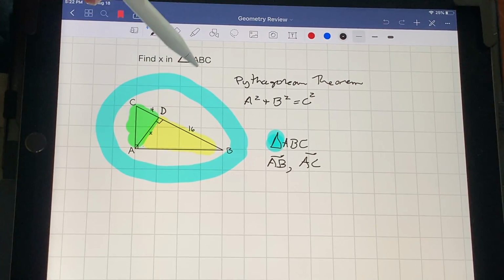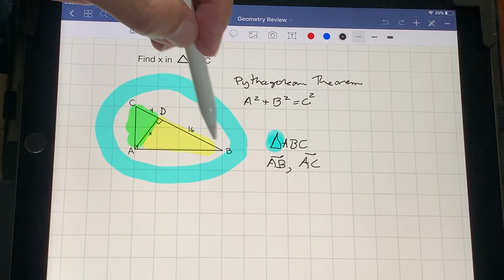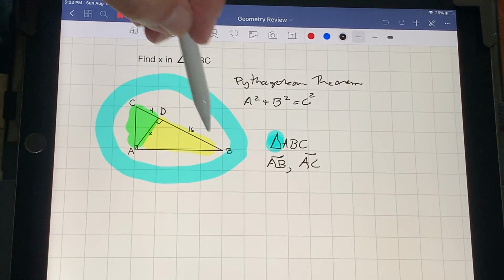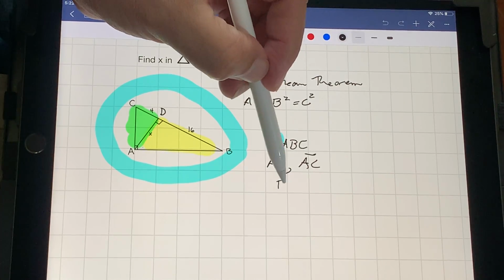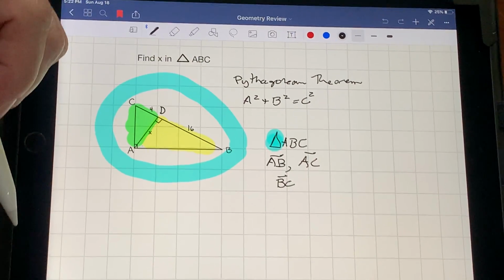And then we have the hypotenuse, which is BC, so the hypotenuse is BC.